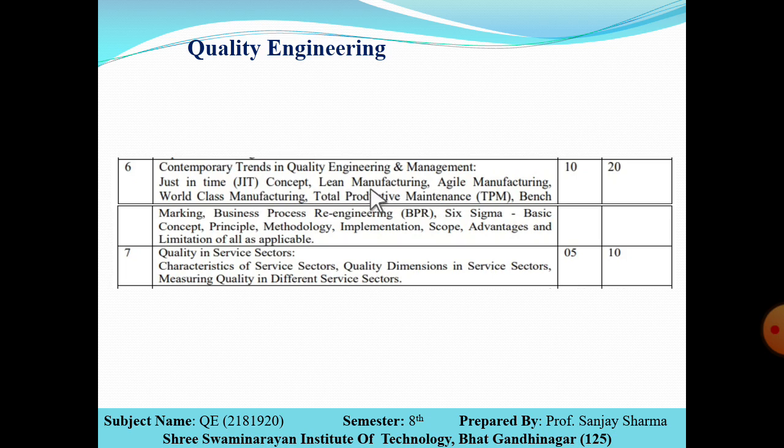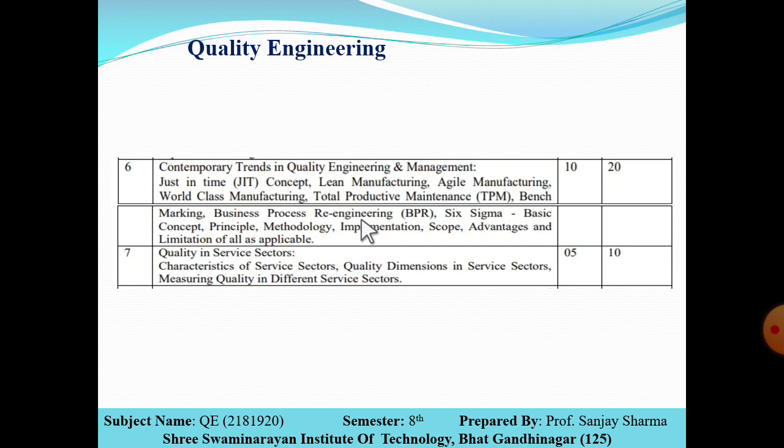In this we will see lean manufacturing, agile manufacturing, world class manufacturing, and TPM, that is total productive maintenance. These are the different quality engineering and management trends or methodologies to improve quality engineering.